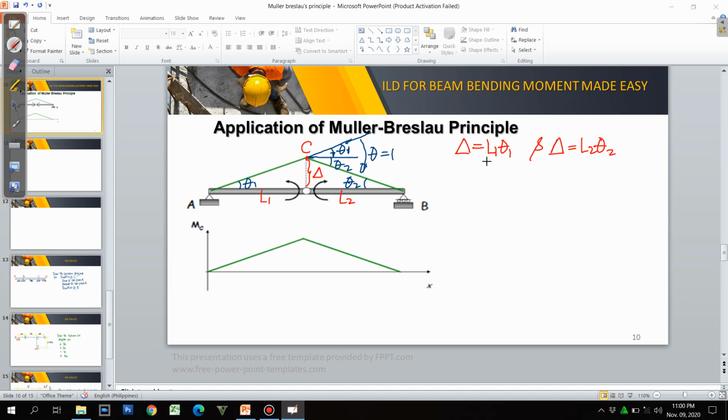So equating delta to delta, we can say that L1 theta 1 is equal to L2 theta 2.